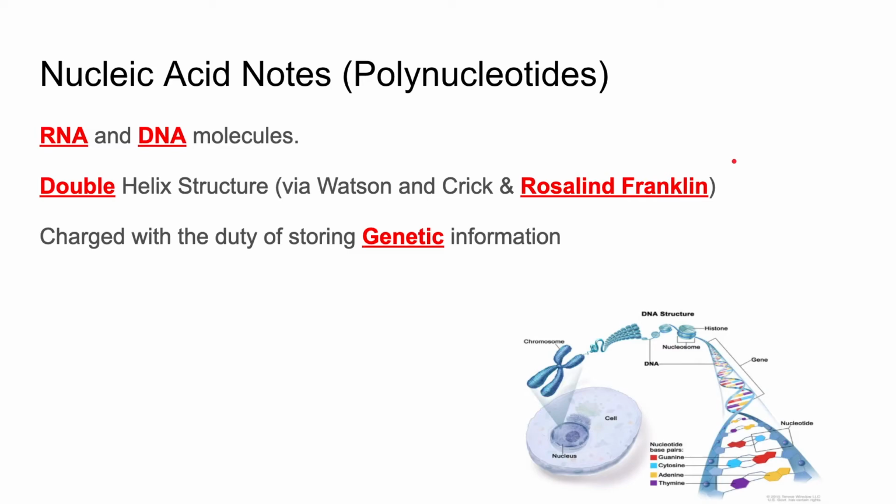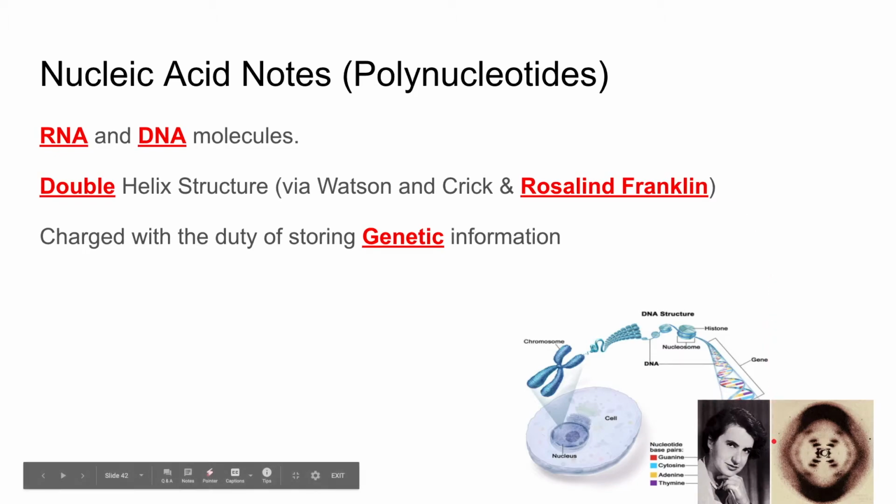She was the one who actually did the work to figure out what the structure of DNA looked like, and actually had some work published about it. And they didn't necessarily give her as much credit as they should have, and are not very well liked in the scientific community for that purpose.